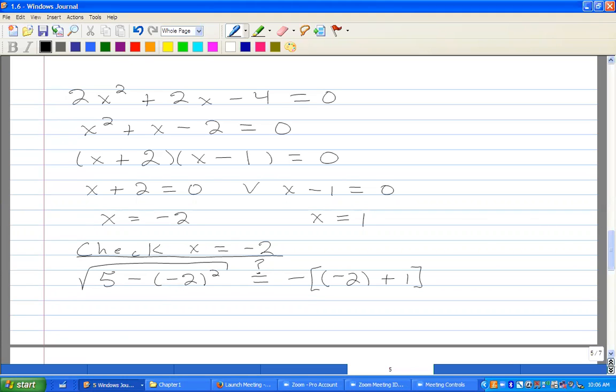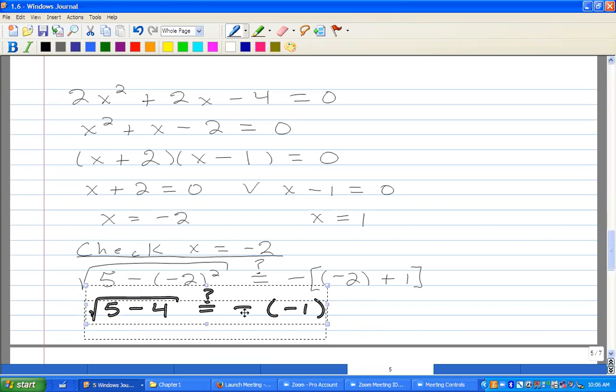Is 5 minus 4 radical equal to minus a negative 1? Let me actually pull this down so it'll look a little nicer.